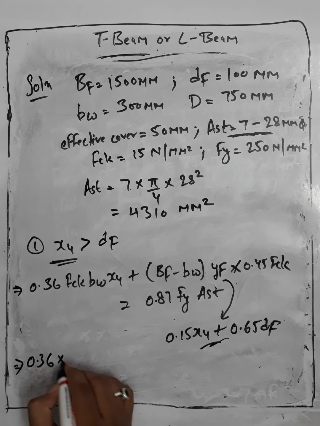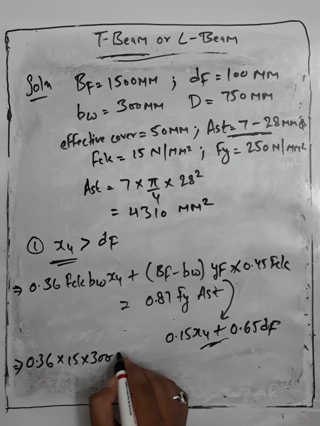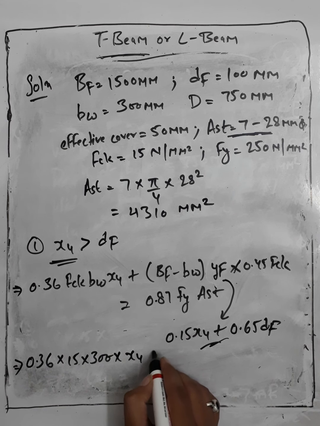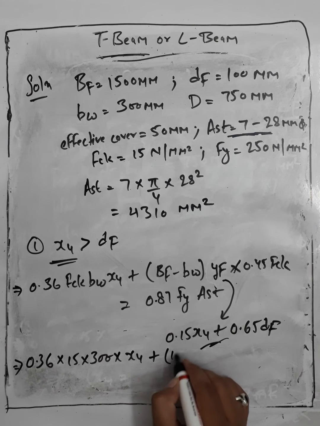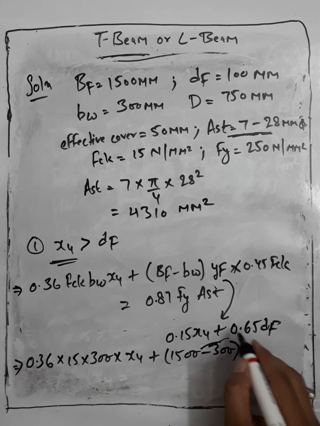0.36 into 15 into 300 into Xu plus 1500 minus 300 into Yf.